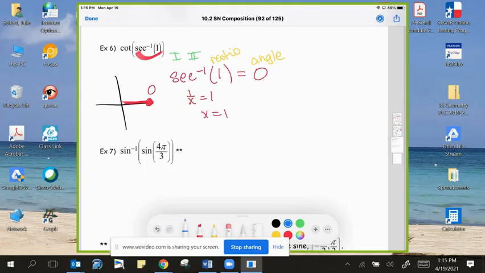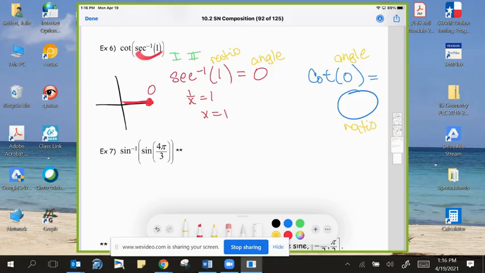We need to look at the second piece of this. So we need to find cotangent of 0. That 0 is an angle, so whatever it equals will be our ratio.